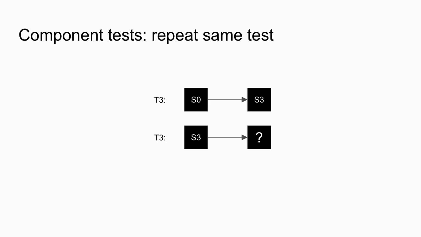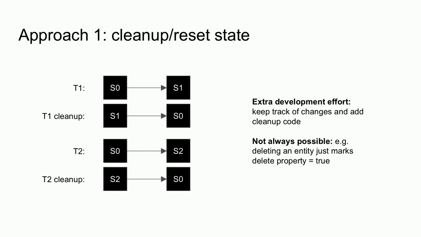So how do we approach this problem? To my experience, there are 2 main approaches to this problem. The first one is we try to clean up or reset the state after each test.